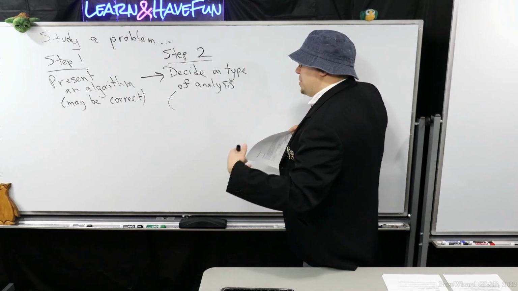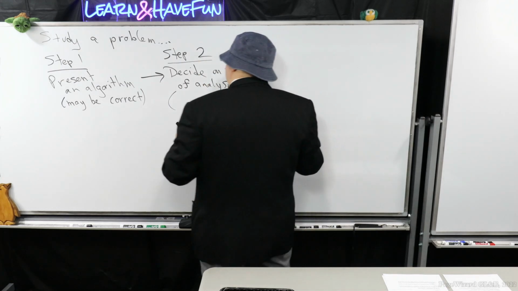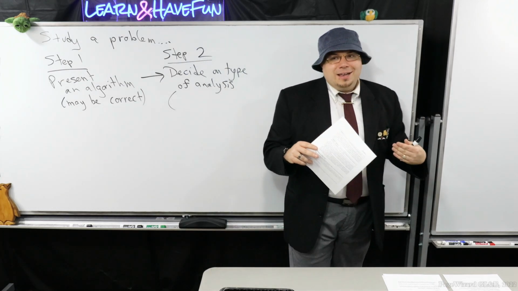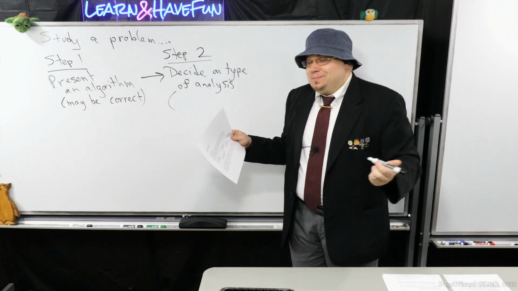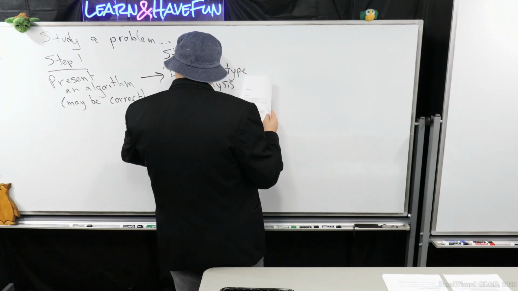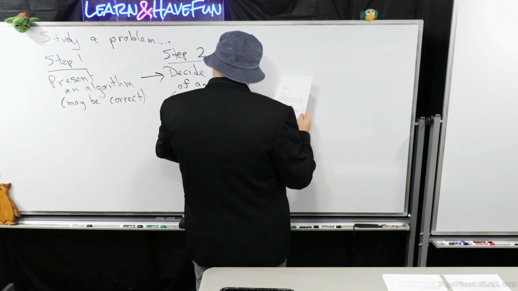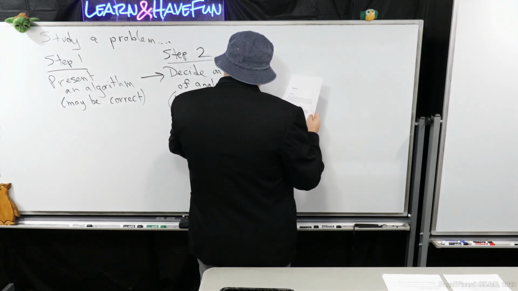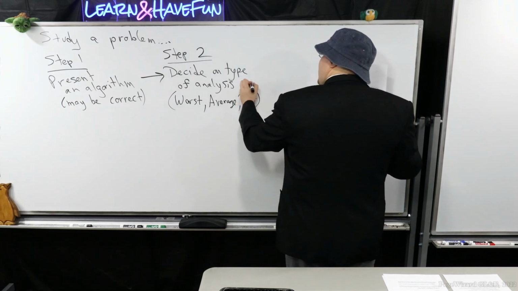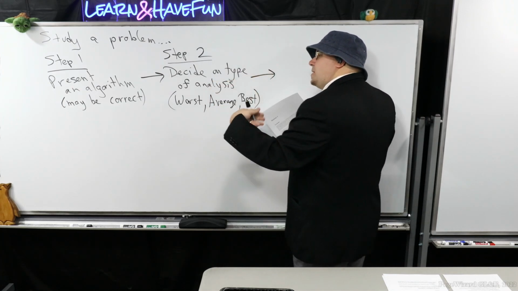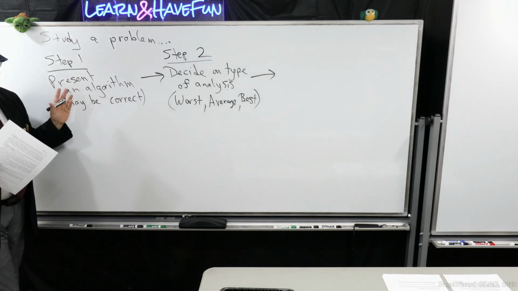If we're talking about general purpose computer models of computation, then that would have been done in step one, because you have to describe the algorithm in a way that is understandable or translatable to such a model. When you're determining the type of analysis, people measure the complexity in all sorts of different ways. For example, worst case, average case, best case. What they do is count up the number of operations that happen in a particular way based on this model.